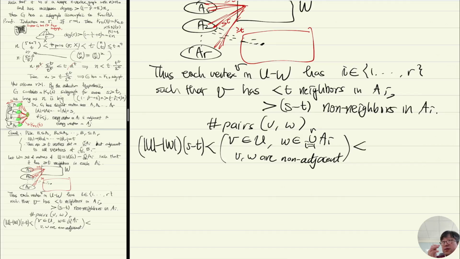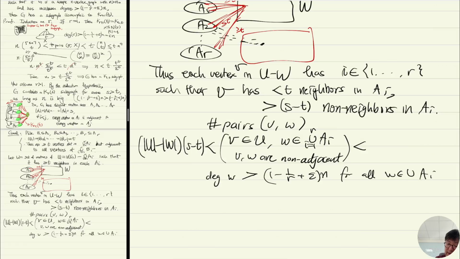But on the other hand, each vertex has degree something, right? So the degree of w is at least (1 minus 1/R plus epsilon) n for all w in the union of Ai.